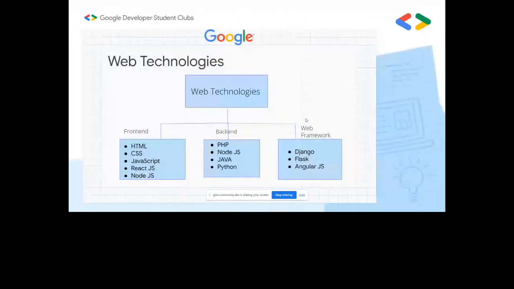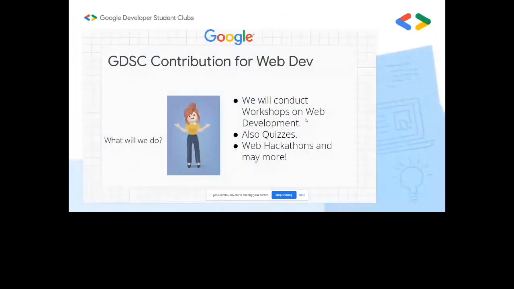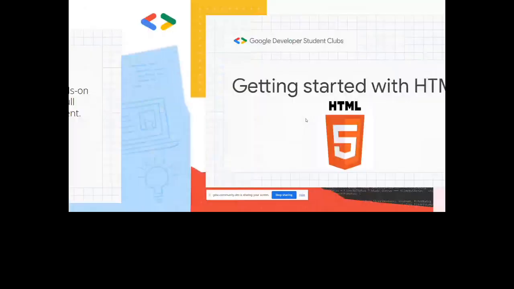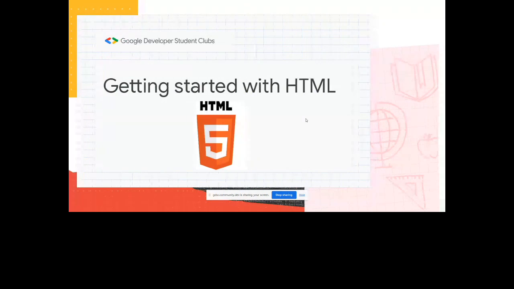Then we got to know about web technologies like front end, back end, and a few frameworks. Later on, we discussed the contributions and the benefits you will get from the GDSC club, and then we started our main topic, that is HTML.